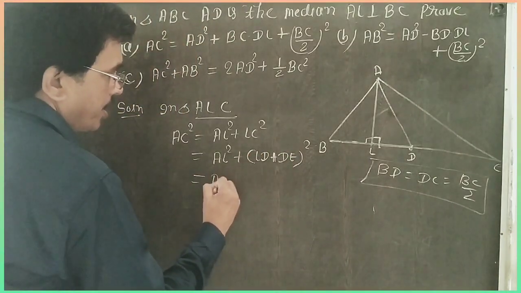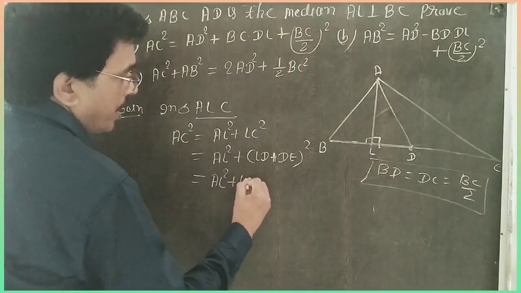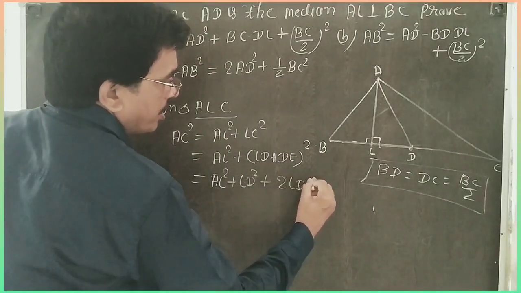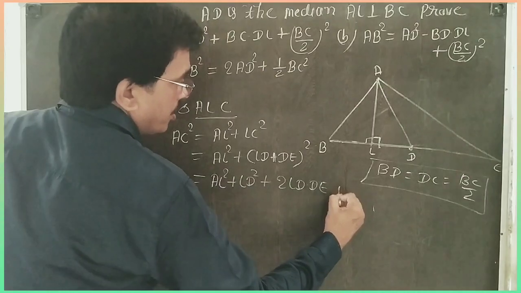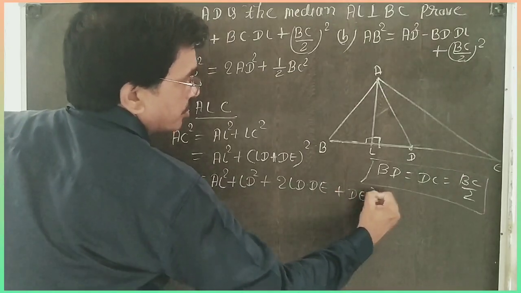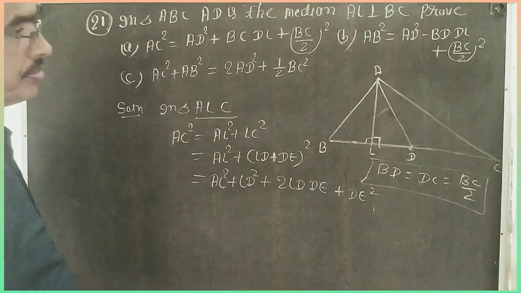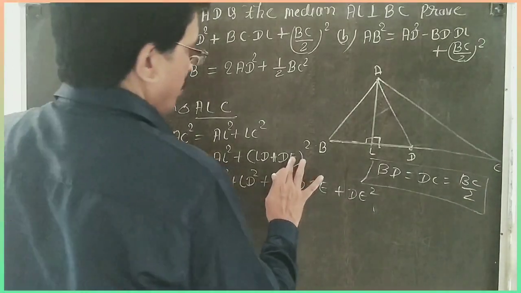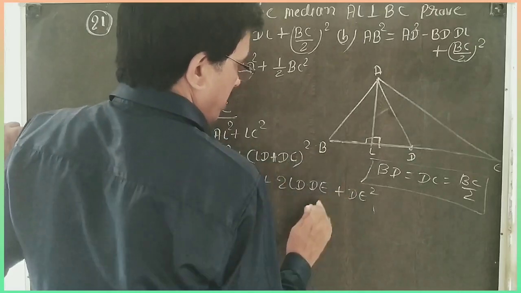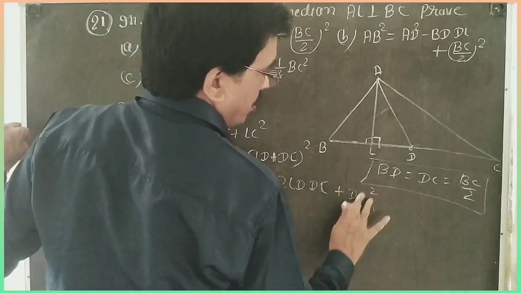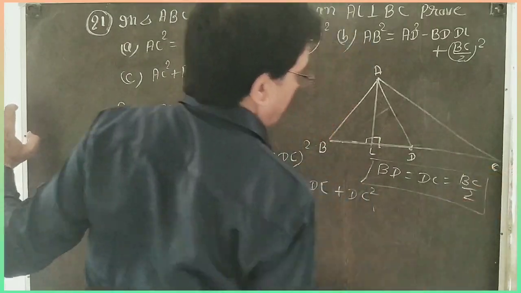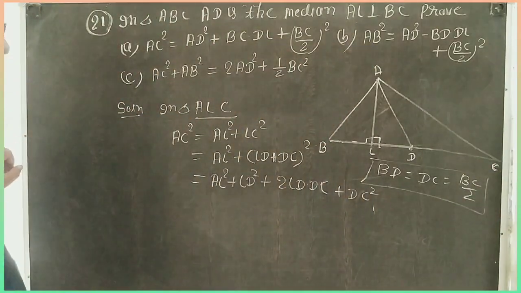Next write AL square plus LD square plus 2 LD into DC plus DC square. Here it is DC, not D.